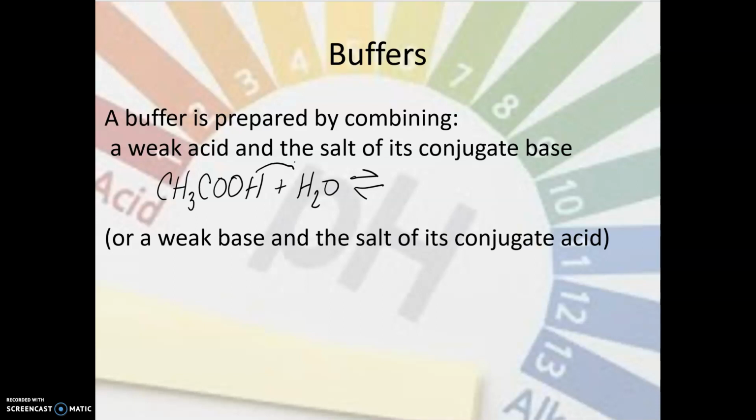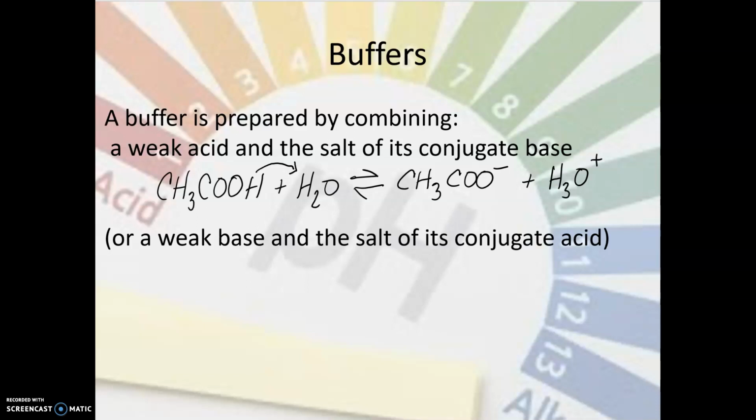So if we just have our acid in water, we're going to generate a small amount of its conjugate. But what we have to do for a buffer is to also add a significant amount of its conjugate, and we have to use a salt of its conjugate. So if it's an ionic compound, we have a conjugate base here, which is our acetate ion. We have acetic acid, CH3COOH, and we have this hydrolysis reaction written here.